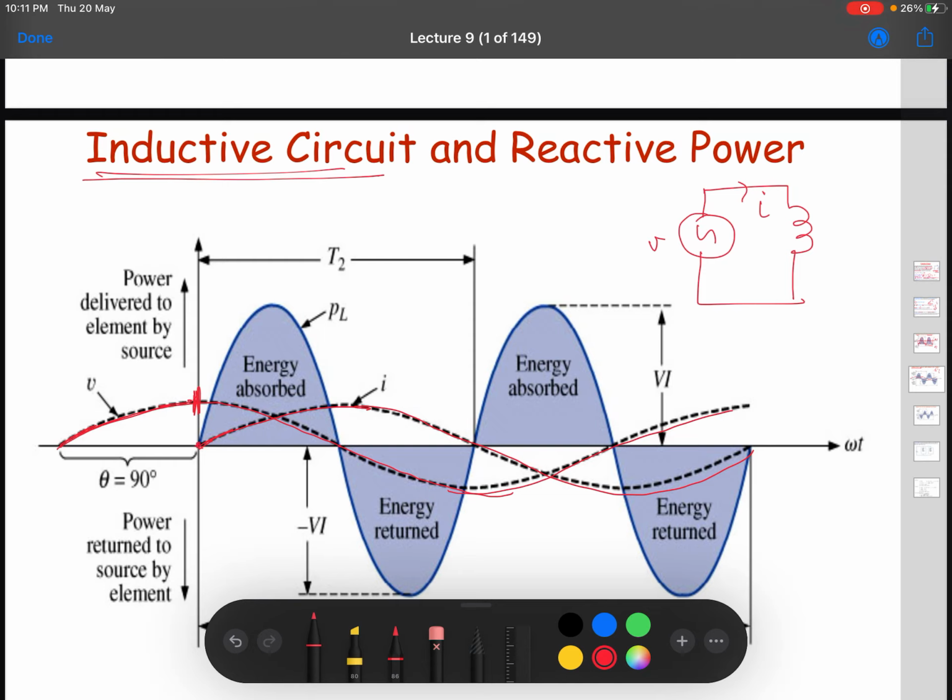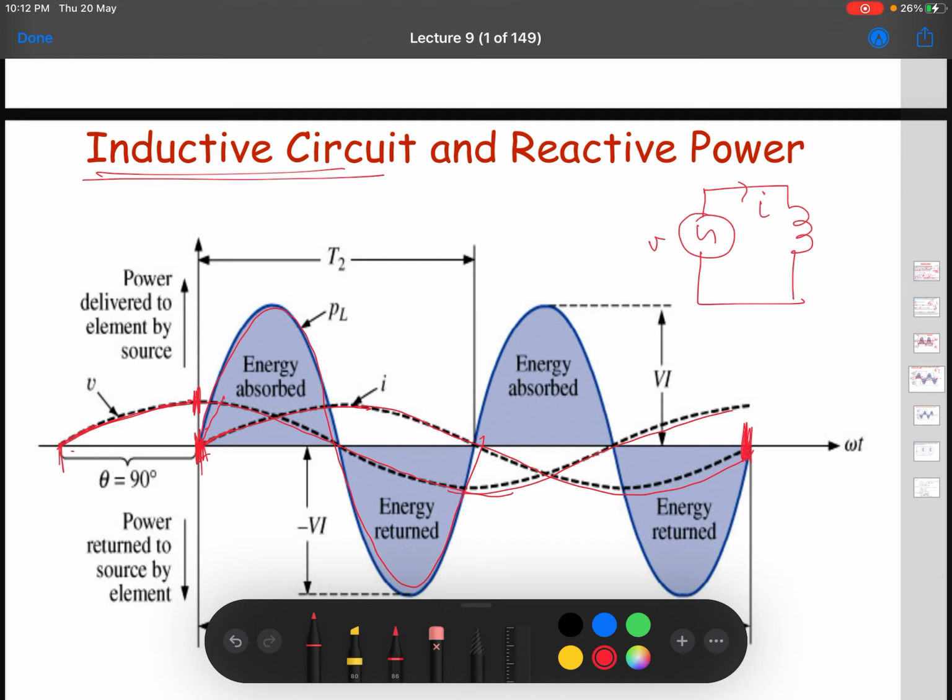Okay, so now you find this is exactly a 90 degree phase difference between V and I. And if you multiply these quantities V and I, along with the angle of 90 degrees between them, you can just see their multiplication here. And if you see the cycle, one cycle of voltage and current, they are at the same frequency.